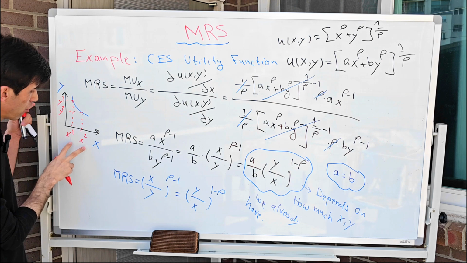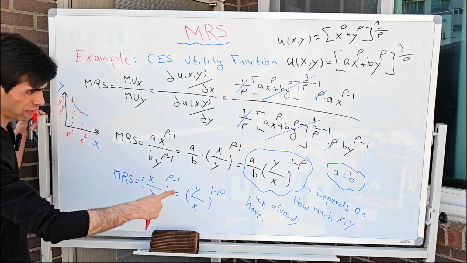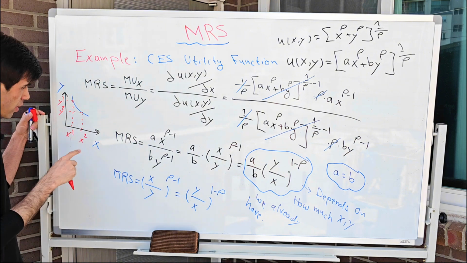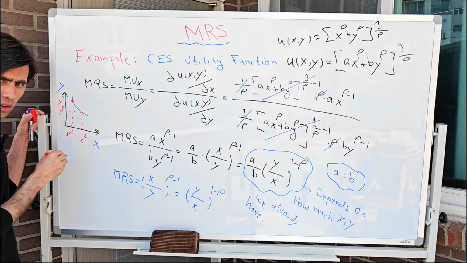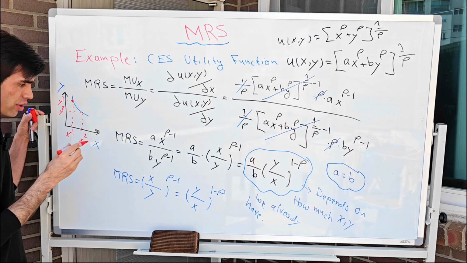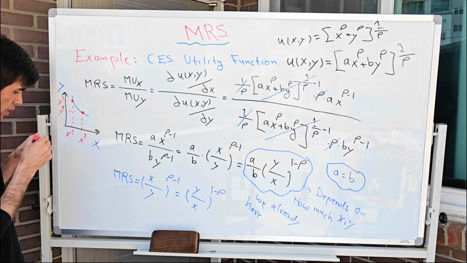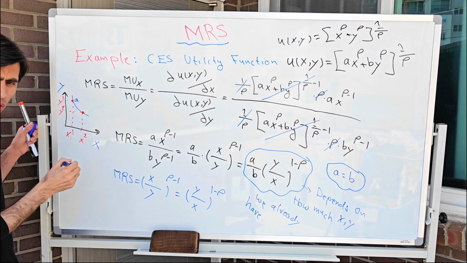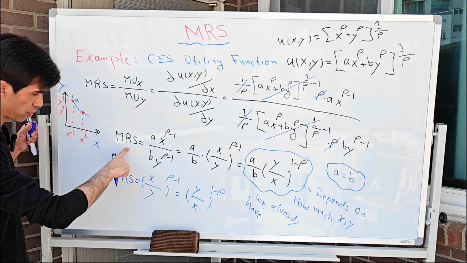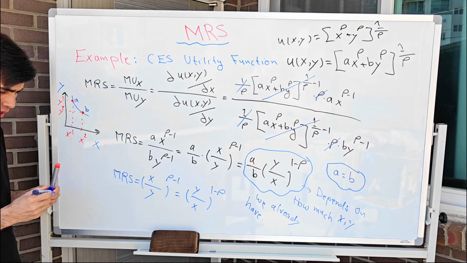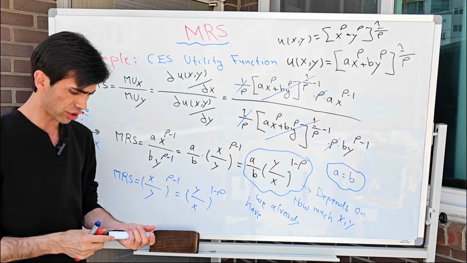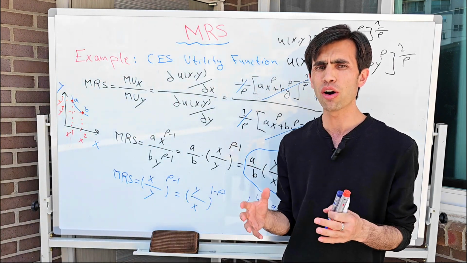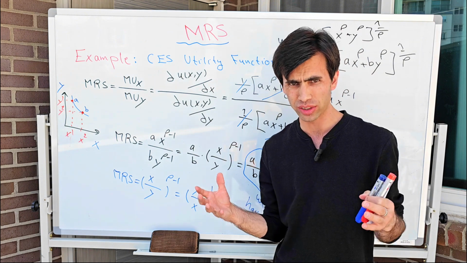So it depends on how much X and Y we have, and the value of the marginal rate of substitution for a CES utility function will change. If we are at point A, we have a different marginal rate of substitution than if we are at point B. So finally, the marginal rate of substitution for a CES utility function depends on how many X and Y we already have in our consumption bundle.